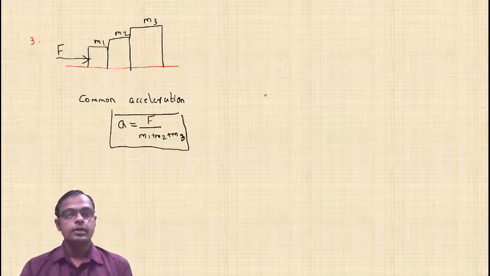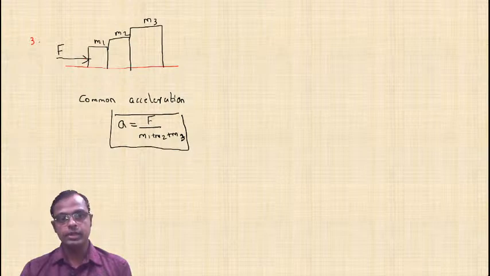Okay. Now just think here. You are applying the force on M1 first. Correct? So definitely mass M1 will apply a force on M2. We now consider it as F. F is the force on M2 due to M1.